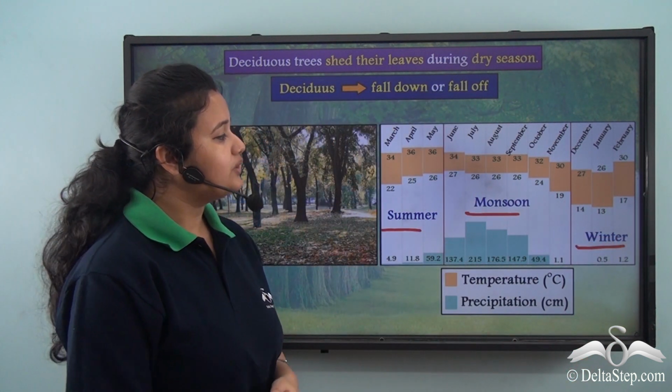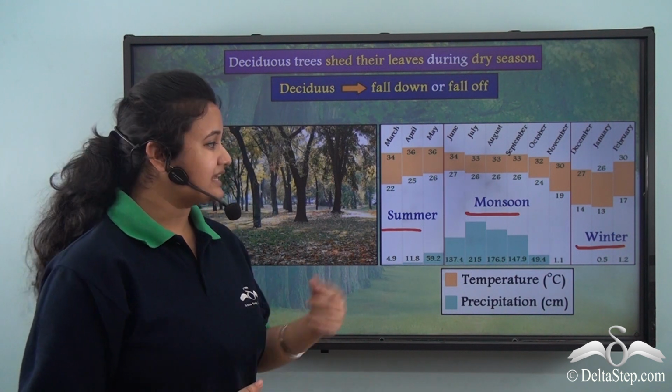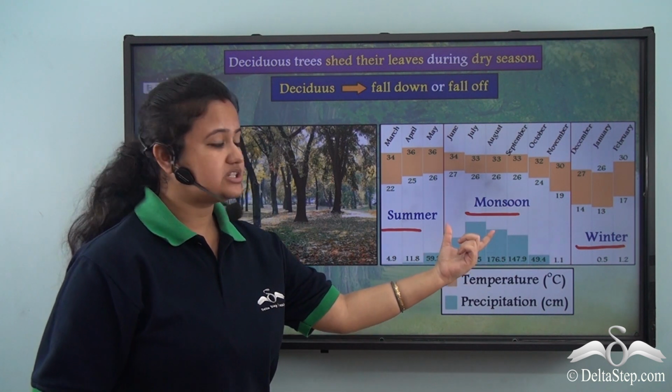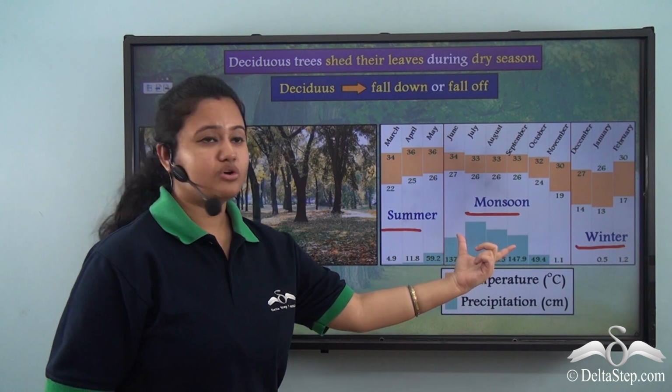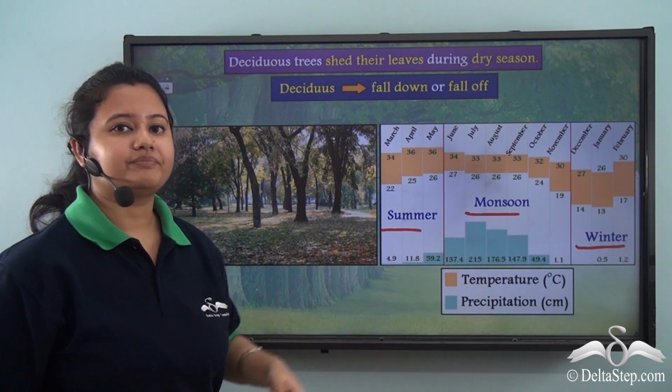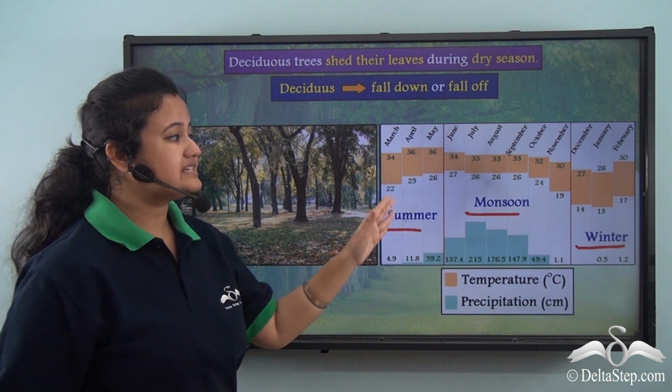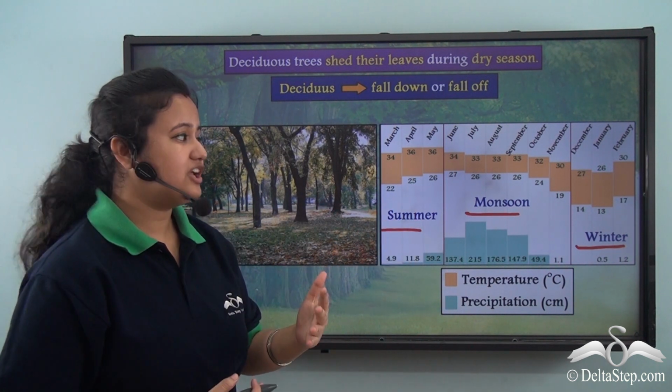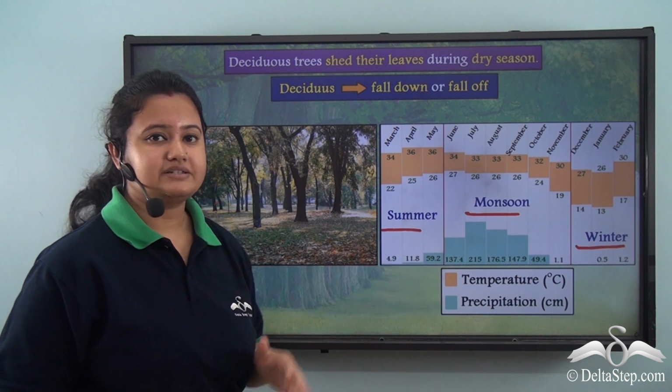In fact, if we look at this chart, then we can find that rainfall is restricted to only a few months of the year, and it remains dry for the rest of the year. Thus, we find that there are seasonal variations in rainfall pattern.